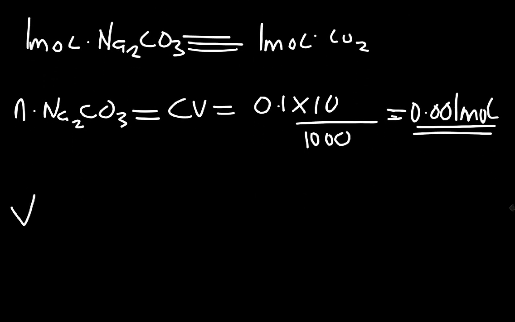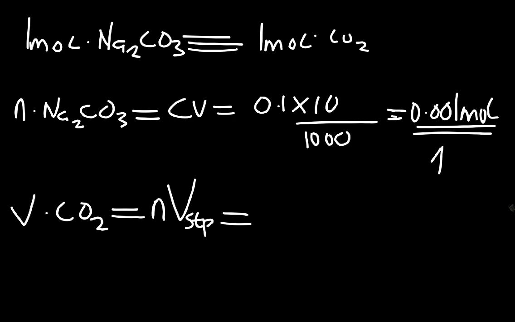So I would say volume of CO2. And the formula to use here is that number of moles equals volume at STP over molar volume. So our number of moles here would make use of the one that we've solved, 0.001, times what our volume? Our volume was given to be 22.4 dm³.